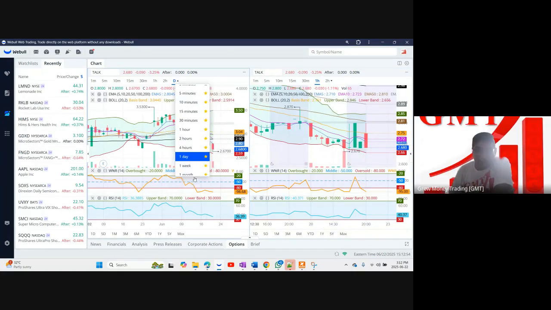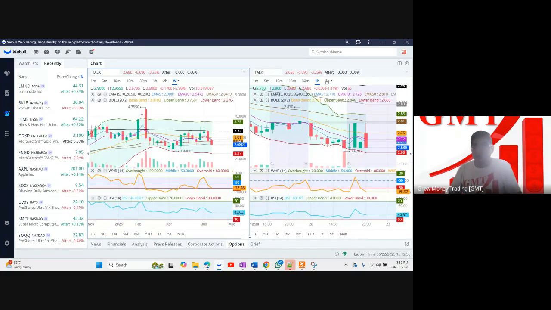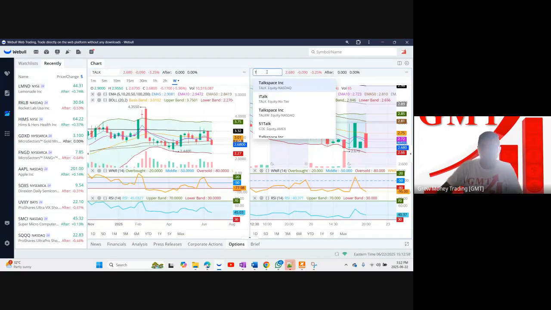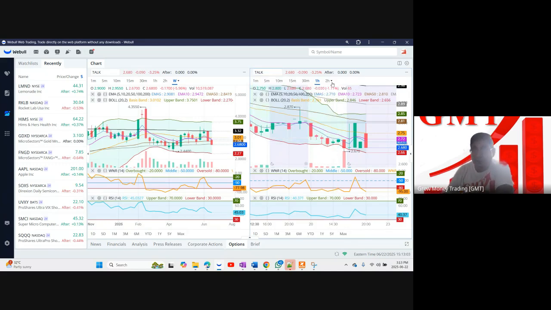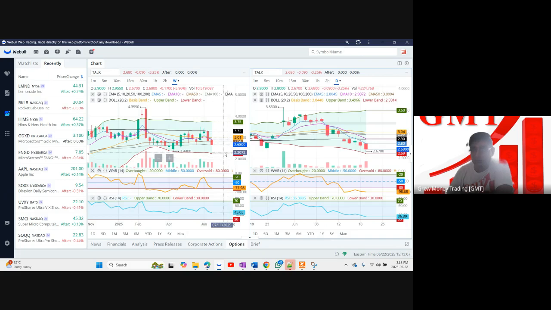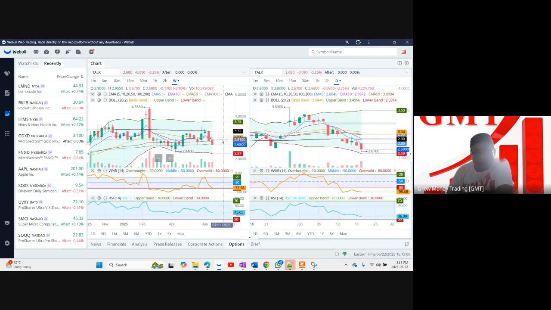Okay, so on the weekly chart, it's on a downtrend. In the last two sessions, it has formed a red candle. It has not reached the oversold region yet.